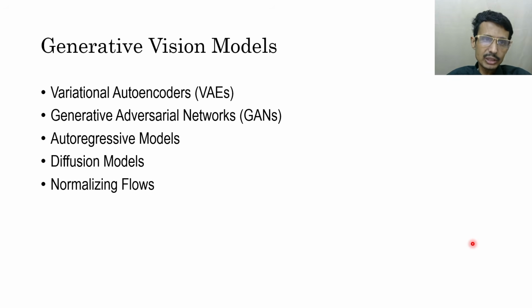We start with variational autoencoders, popularly known as VAEs, generative adversarial networks, autoregressive models, diffusion models, normalizing flows, and so on. One by one, we try to understand what these models are and what tasks in computer vision these particular models can do.